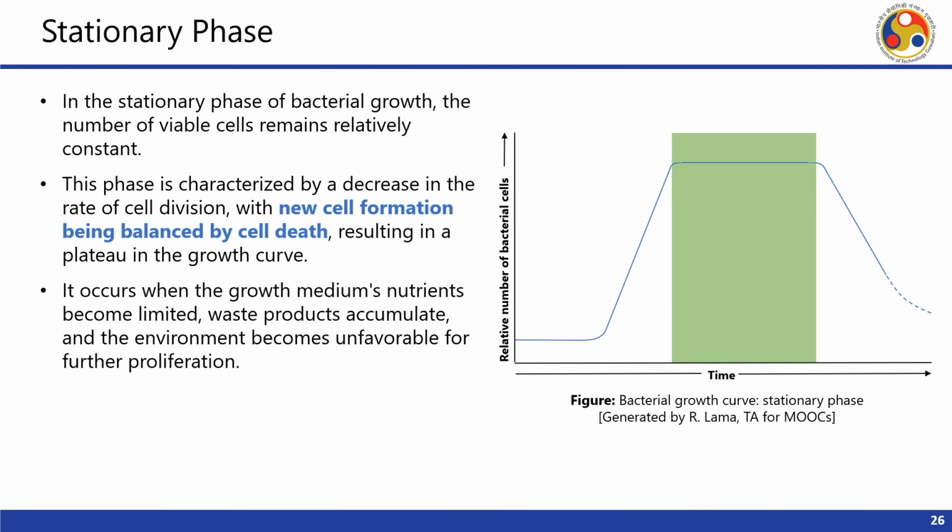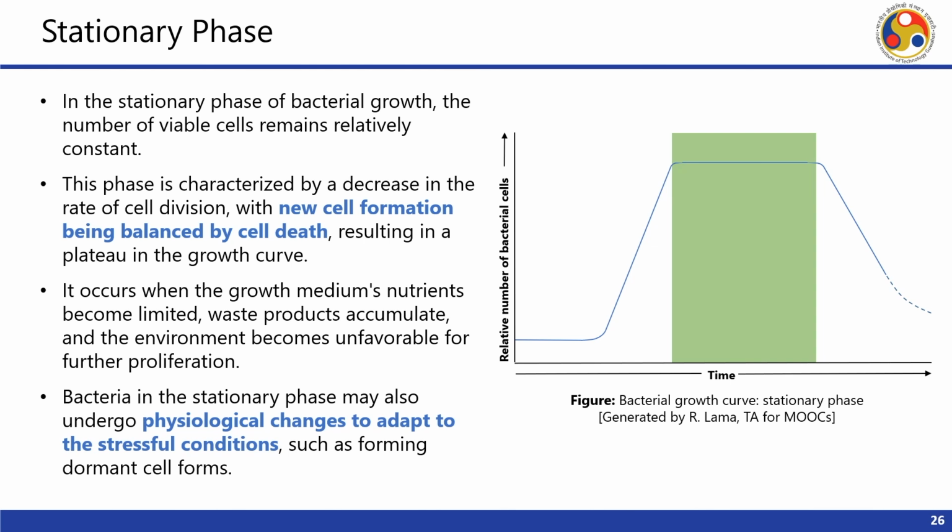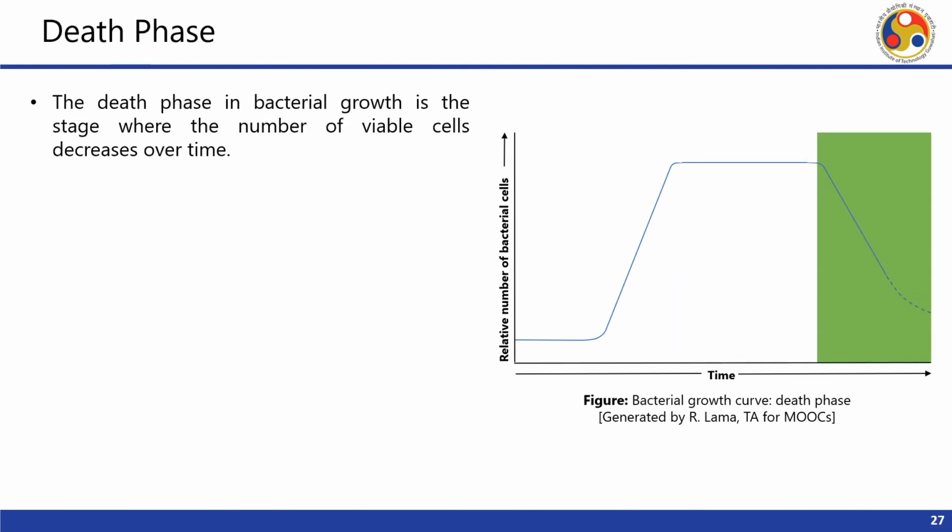It occurs when the growth medium's nutrients become limited, waste products accumulate, and the environment becomes unfavorable for further proliferation. Bacteria in the stationary phase may also undergo physiological changes to adapt to the stressful conditions, such as forming dormant cell forms.